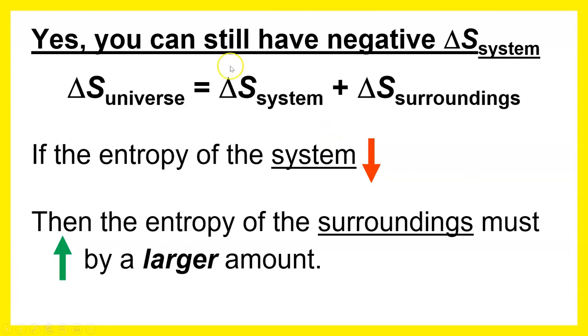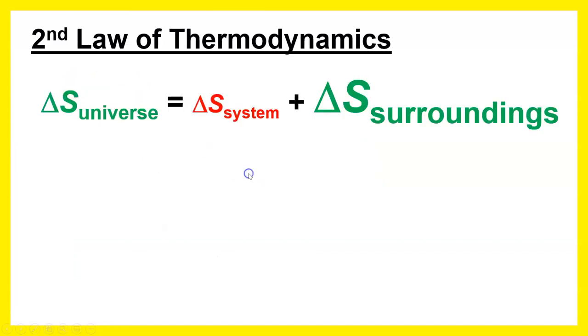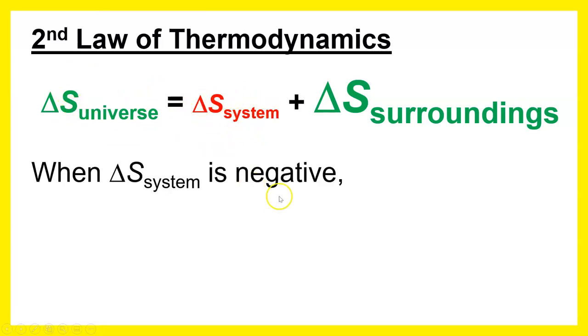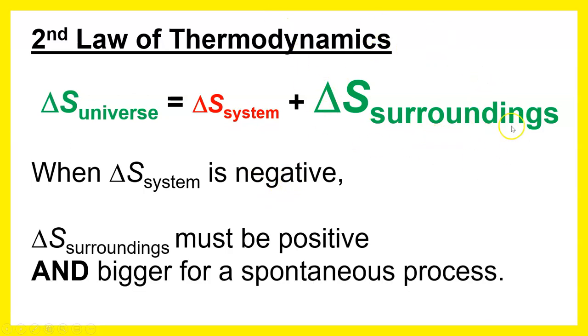We have to end up with S universe positive. So in order for the entropy of the universe to be favorable, to be positive, when our system is negative, do you see how you're going to need a really big positive surroundings? Not just positive, but it needs to be positive and larger than the system.